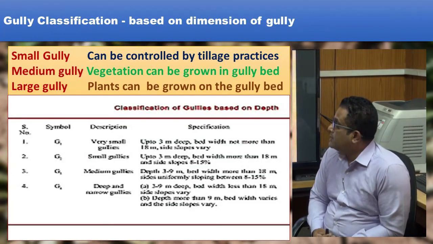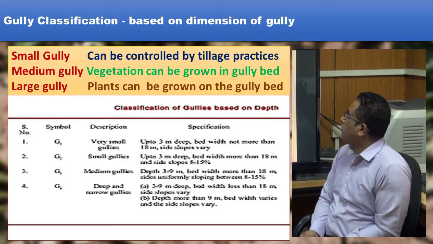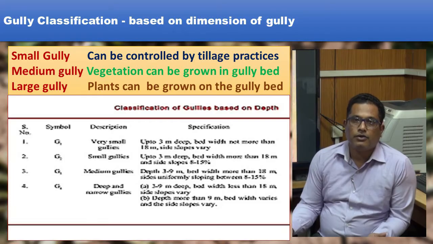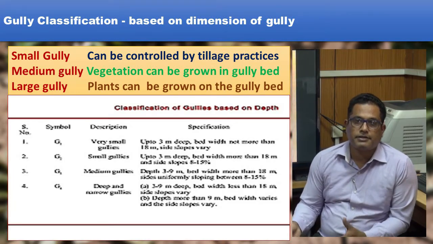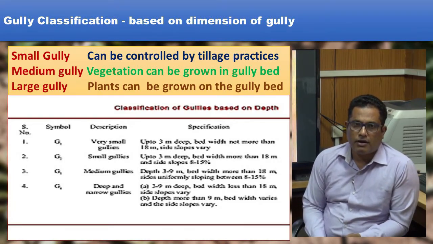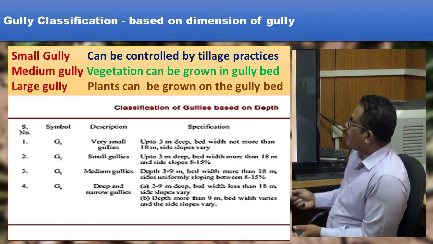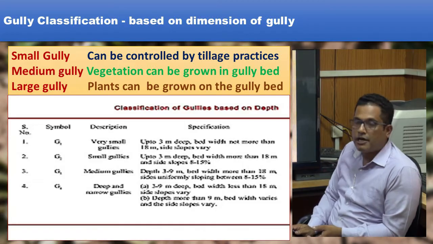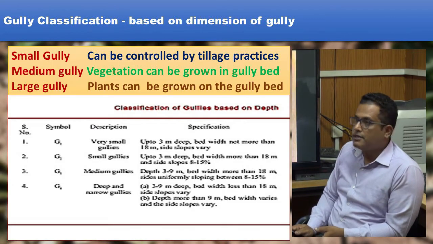Now gullies are again classified according to the dimensions of the gully. What are dimensions? Basically length, width and depth. It can be classified as small gullies, which can be controlled by tillage implements.